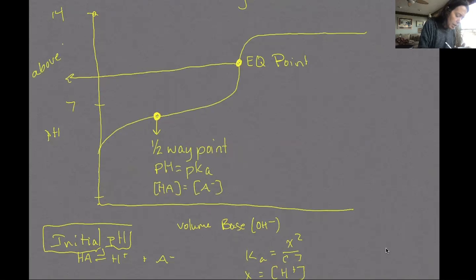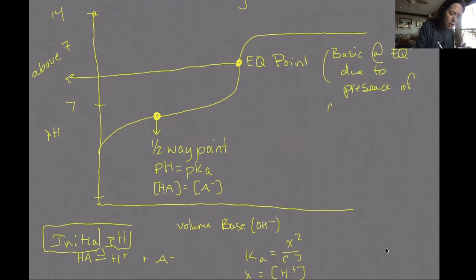So at the equivalence point, we actually have a basic solution. That is because of the presence of conjugate base A of the weak acid.